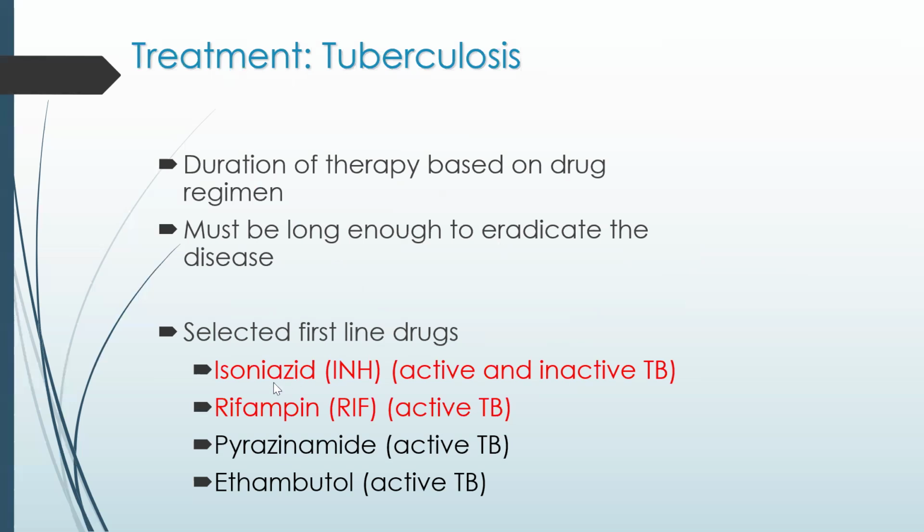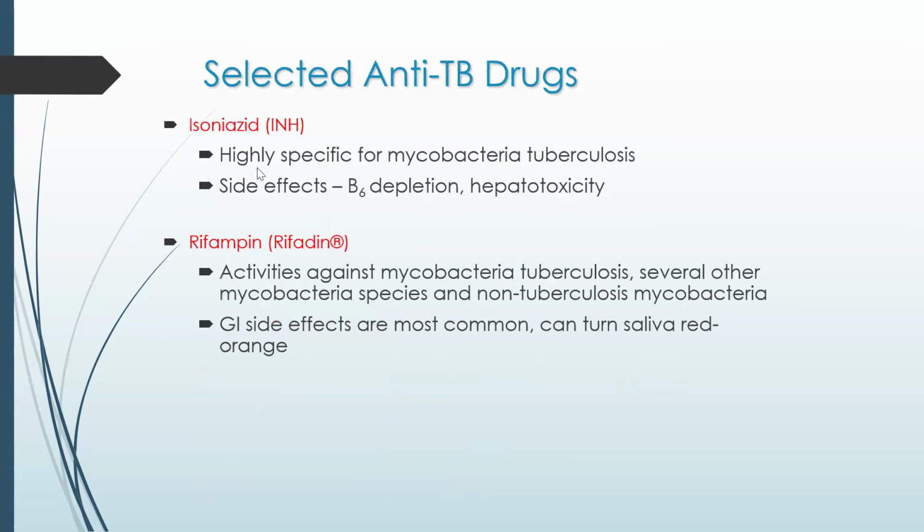These are the two main drugs that you want to know for TB: isoniazid, or INH, which is for both active and inactive TB, and rifampin, which is for active TB. There are some other ones as well, but these are the two main ones that I want you to know.